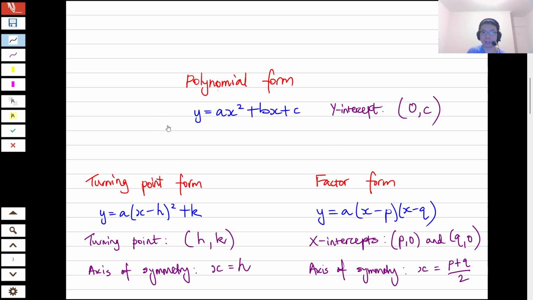Well, to go from polynomial form to turning point form, we have to use a pretty algebra heavy method called completing the square. If I want to go from polynomial form to factor form, I need to do something called factorizing.